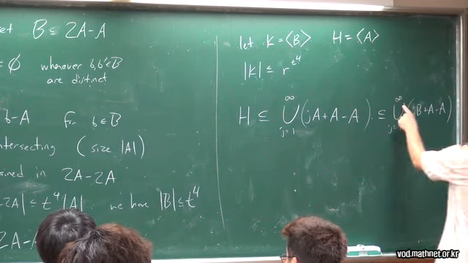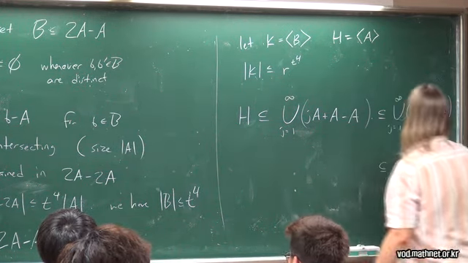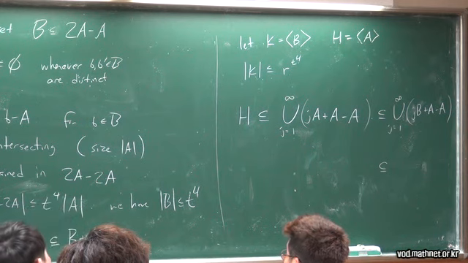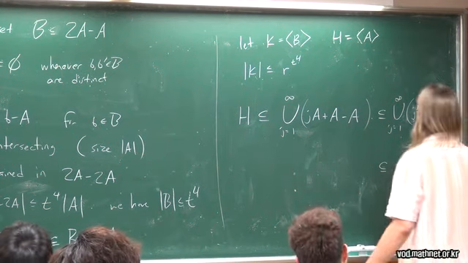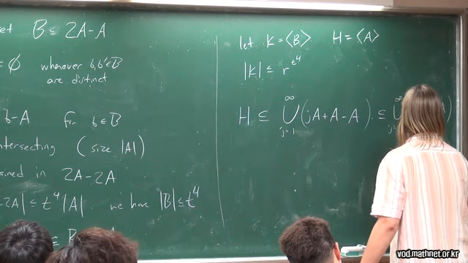But now this is just a subset of J times B. You're letting J grow and grow and grow. But we know that the whole subgroup generated by B is just K. We controlled the size of that. So this is a subset of K plus A minus A.